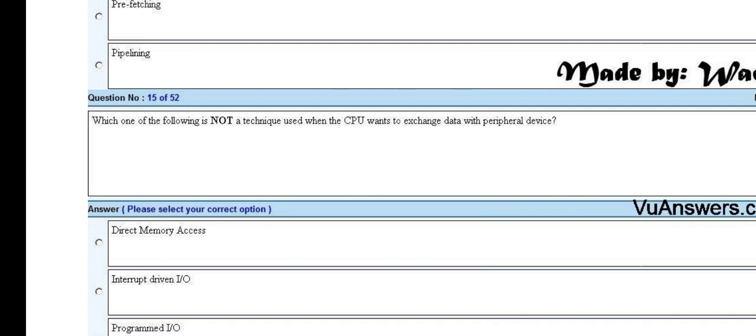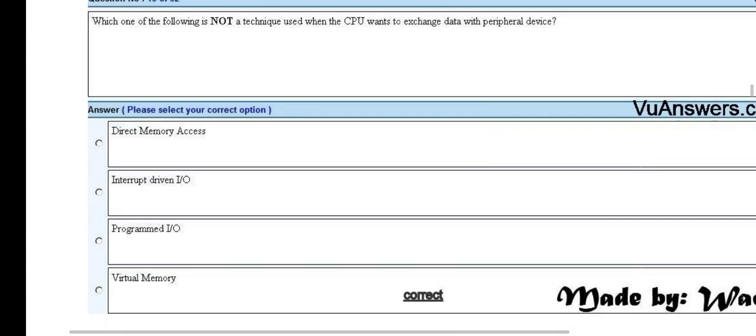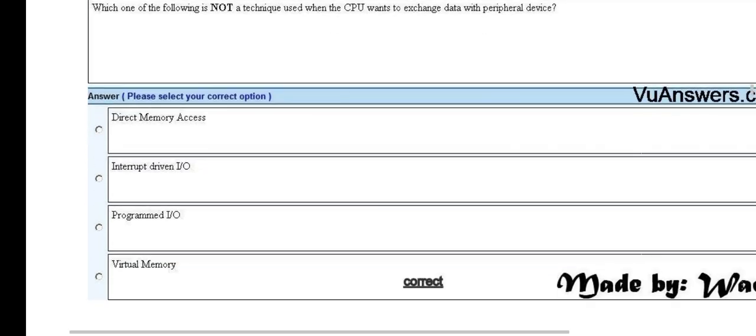Which one of the following is not a technique used when the CPU wants to exchange data with a peripheral device? Virtual memory.